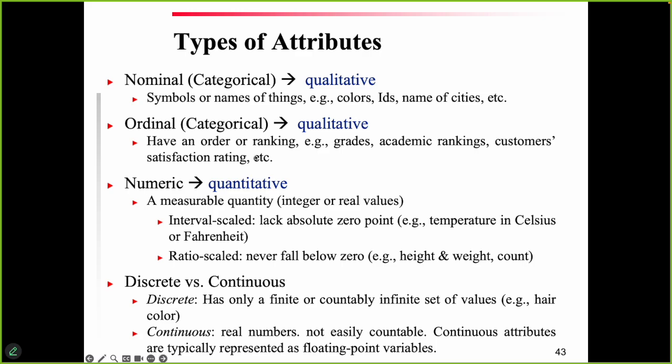For instance, we have 170 centimeter, 170.1, 170.2, and so on, right? It can take any real value. You can even go between 170 and 170.1, so it can take any real value within a range. So we call them continuous.